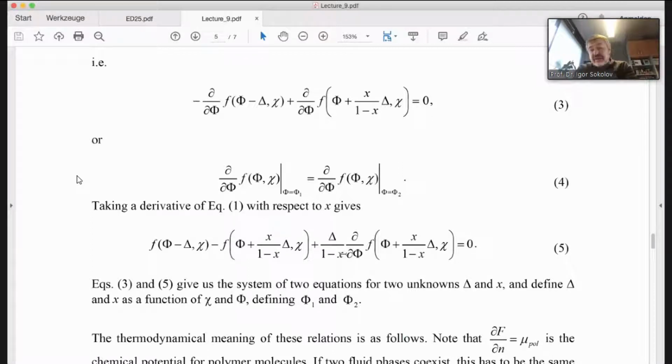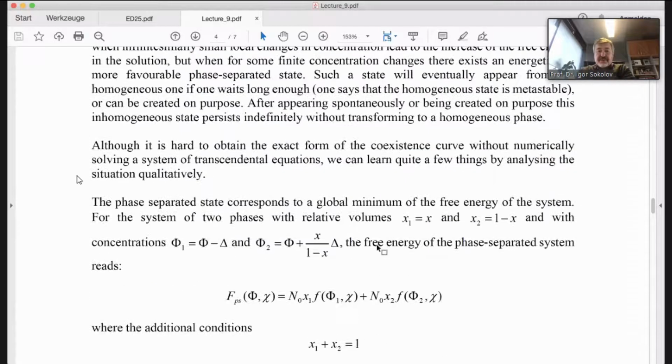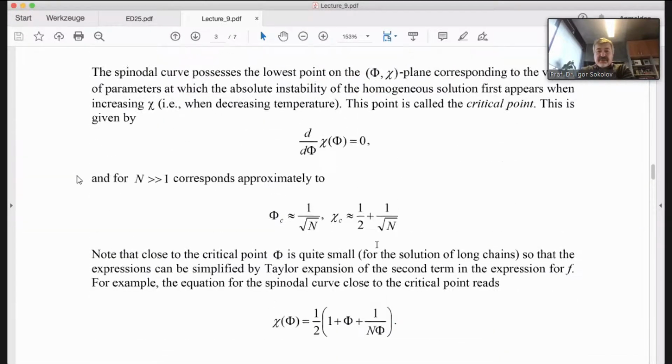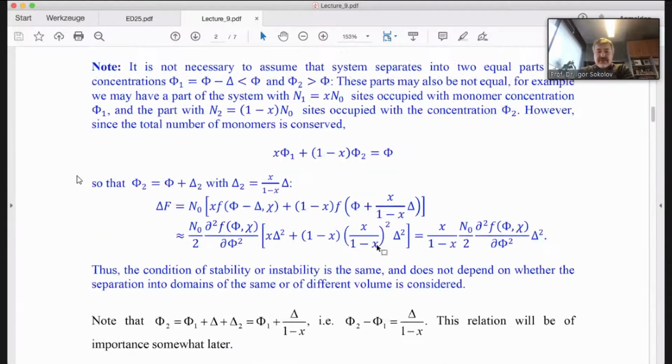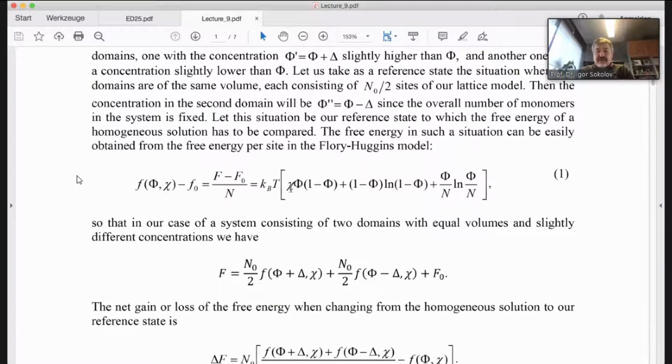These are two algebraic equations because the first derivatives of this Flory free energy per site, this small f, are essentially functions of the type of polynomial and simple. If we look at the Flory function, we can see what the first derivative of it is. So here you get the first derivative. This one is 1 minus 2 chi phi.